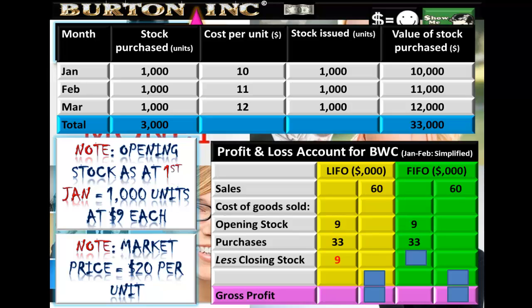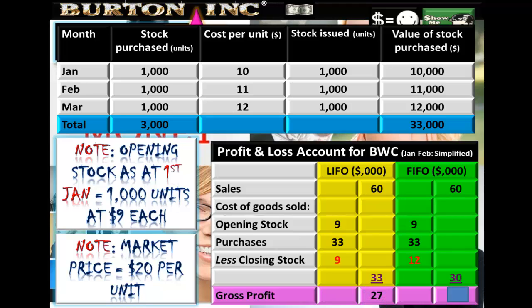We got 1,000 units at $9 as our closing stock, and FIFO, 1,000 units at the newer $12 cost per unit, which leaves us with 12,000 in closing stock. Cost of goods sold, opening stock plus purchases minus our closing stock under LIFO comes to 33,000. FIFO, we do our sums, we've got 30,000.